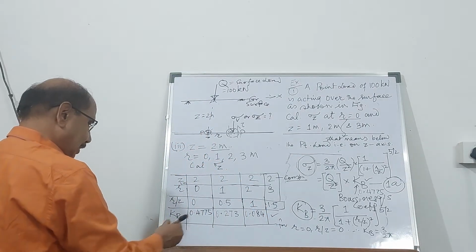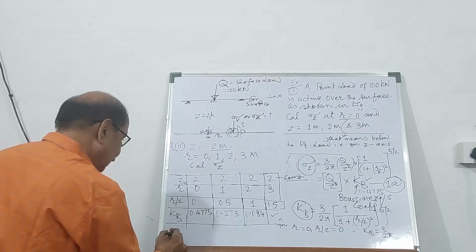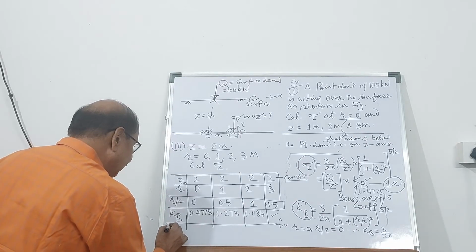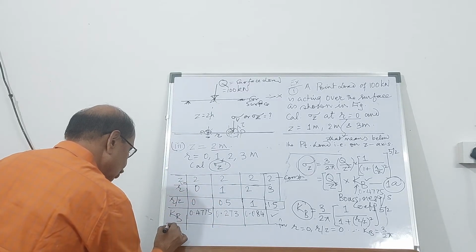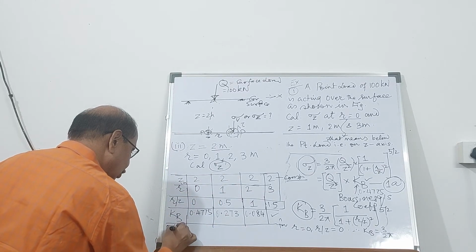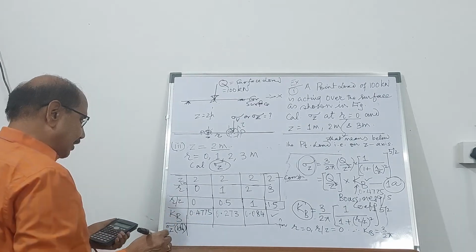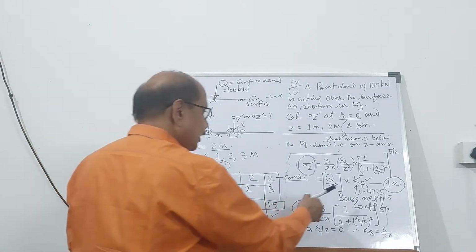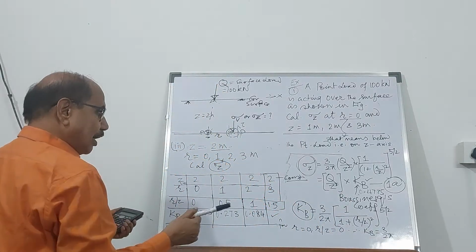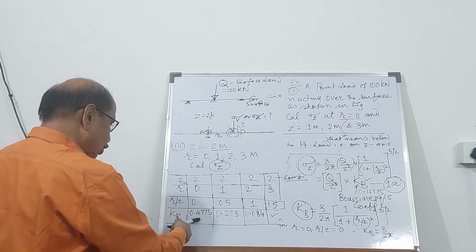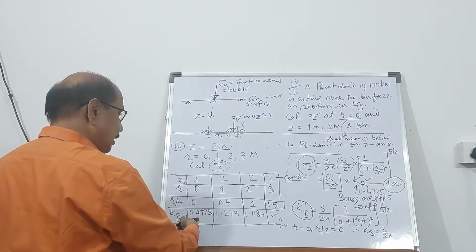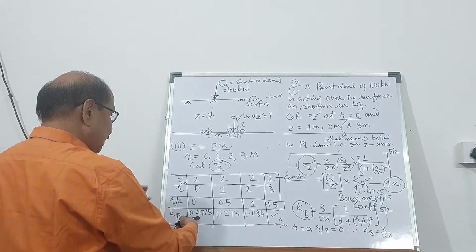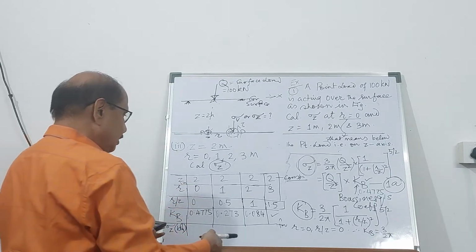Let us see. Now the value, finally we want to calculate what? Calculate sigma z. So sigma z in kilopascal you calculate. So sigma z will be Kb into Q by z square. So Kb is already known, and Q by z square. What is the value of z? It is 2 meter, constant.